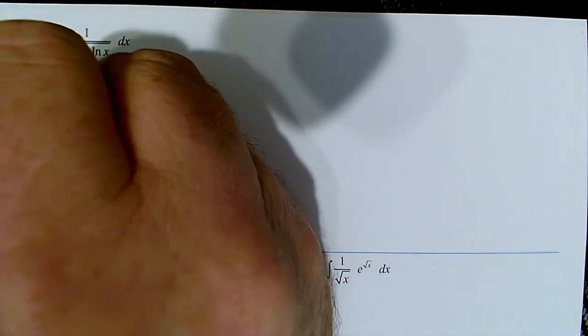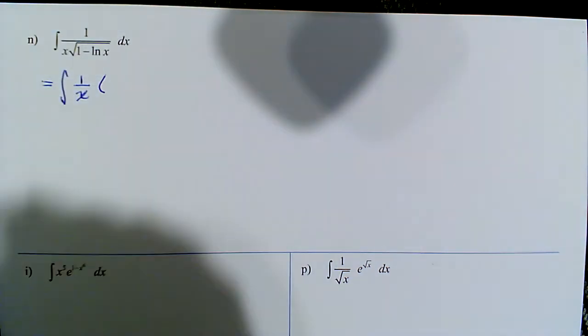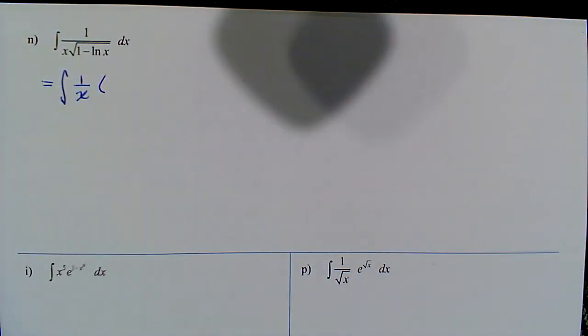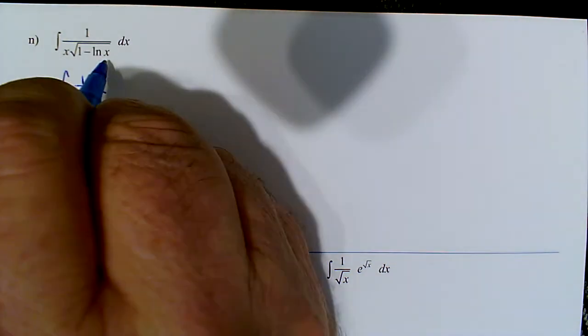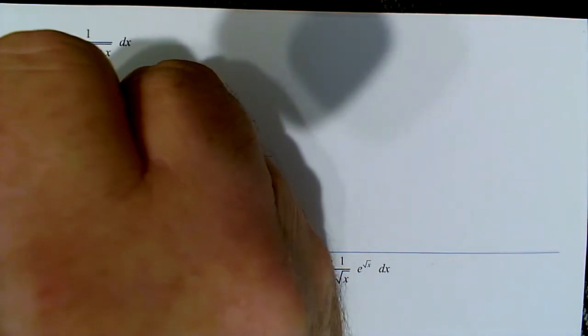I'm going to rewrite the square root of 1 minus natural log of x. Because it is a power, we know the square root is the 1/2 power. So if it's a power, we also know it's going to fit the form of u to the n. So it's a 1/2 power in the denominator, so I'm going to shift it to the numerator as the quantity 1 minus natural log of x to the negative 1/2.